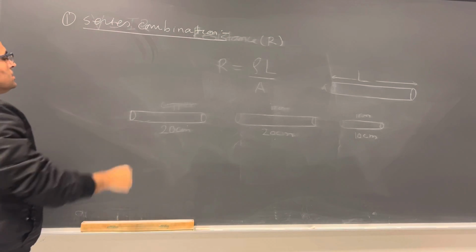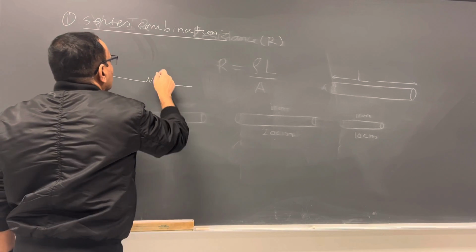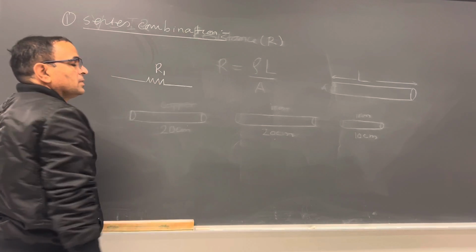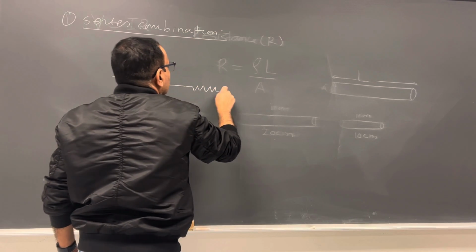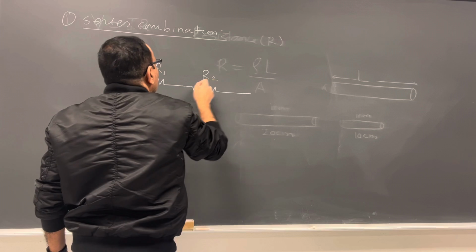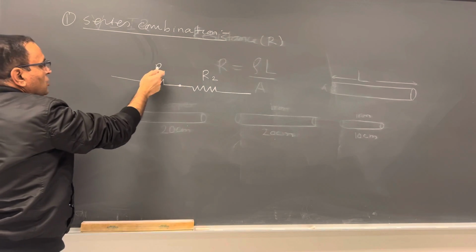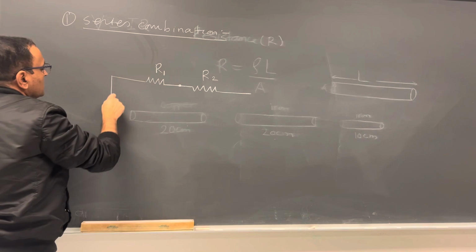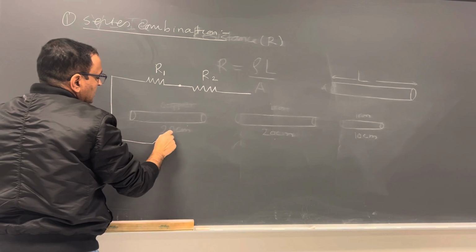Let us consider you have a resistor having resistance R1, and another resistor having resistance R2, and they are connected in series.